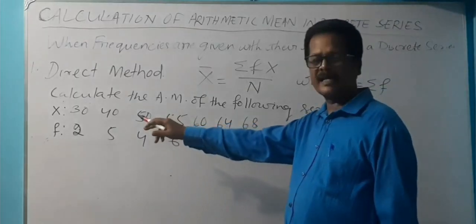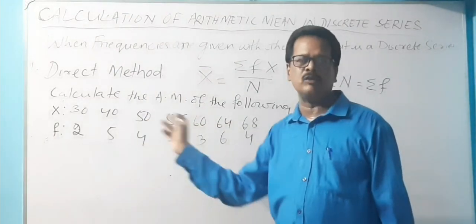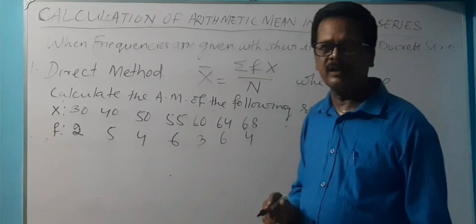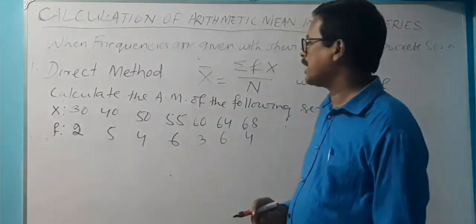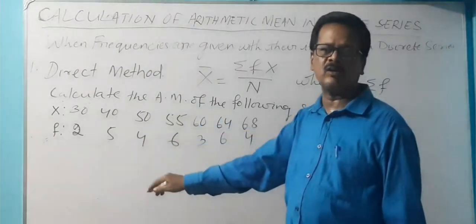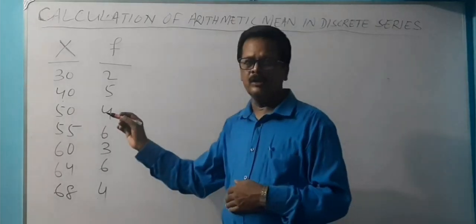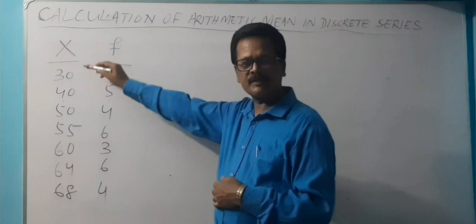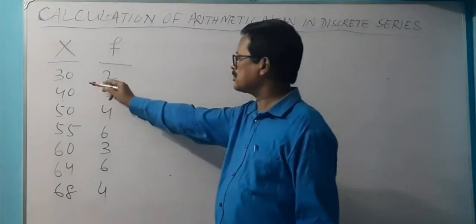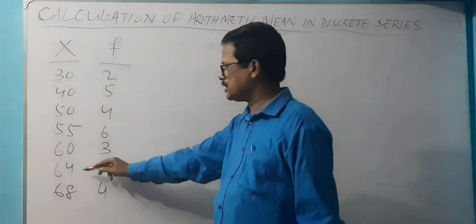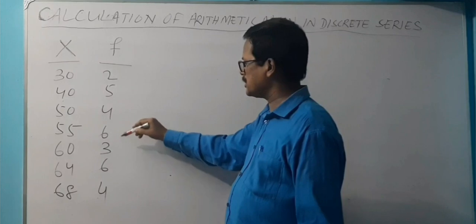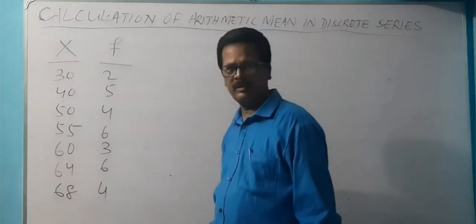So we will take X column, X values are given and F values are given. To solve the question, we have to write down X values in the first column and F values in the second column. So we have written the X values 30, 40, 50, 55, 60, 64, 68 in the first column and F values 2, 5, 4, 6, 3, 6, 4 in the second column.